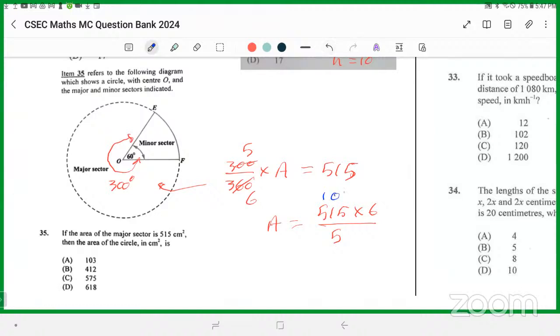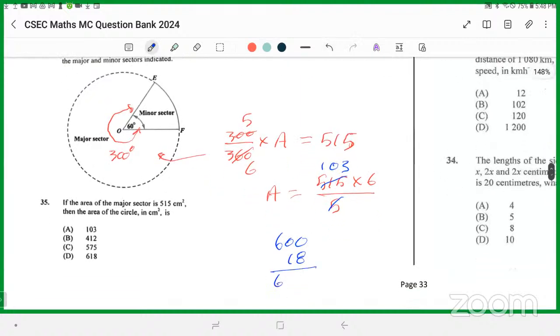Then I'm doing 6 times 103. So 6 times 100 is 600, and 6 times 3 is 18. 618. So this is the answer right here.